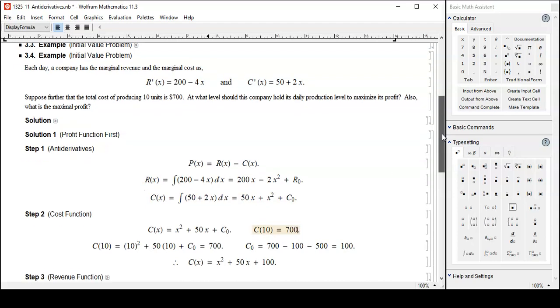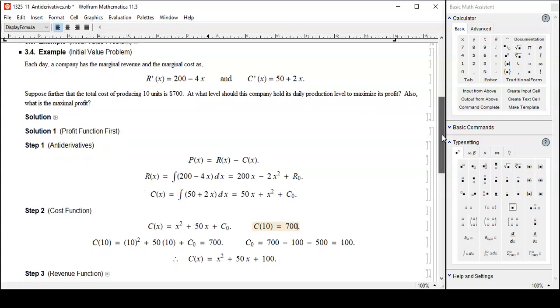Plug in 10, x equals 10, and the result is 700. And go ahead and do that. Plug in 10, and calculate. We get c0 equals 100. And that'll bring down to a cost function as this. So this one's done. C is done.